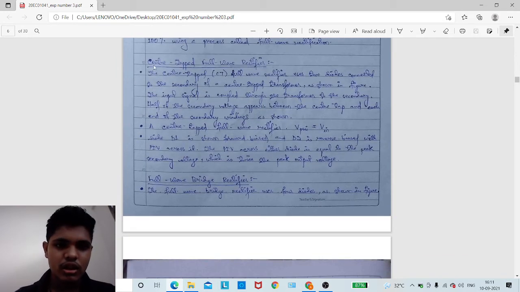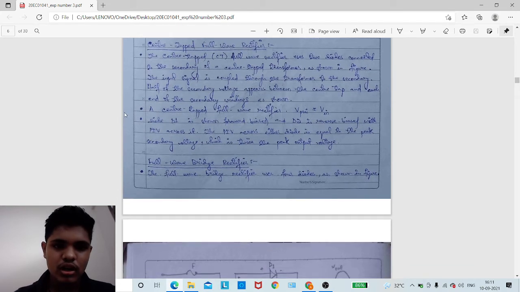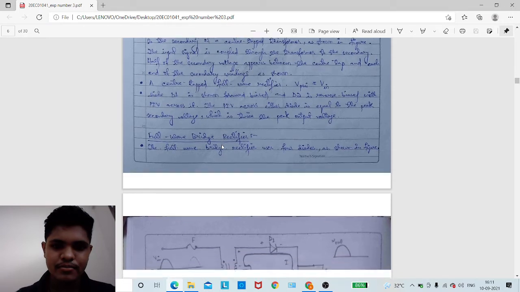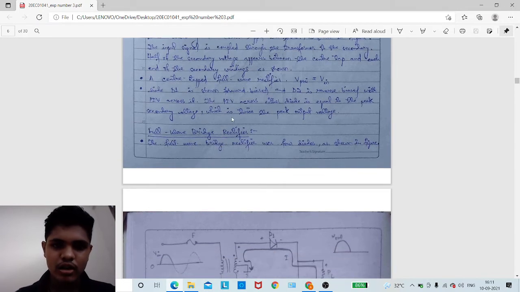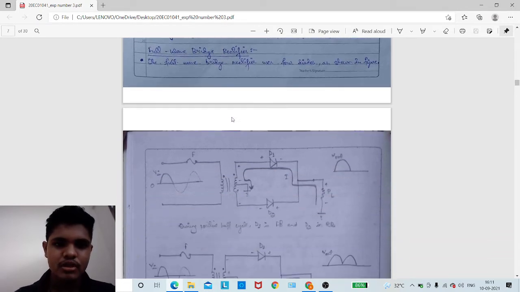After that, we come to the center tapped full wave rectifier, in which VPRI equals V in, and diode D1 will be in forward direction, and diode D2 will be in reverse direction with PIV across it, and we'll get the PIV values from that also.